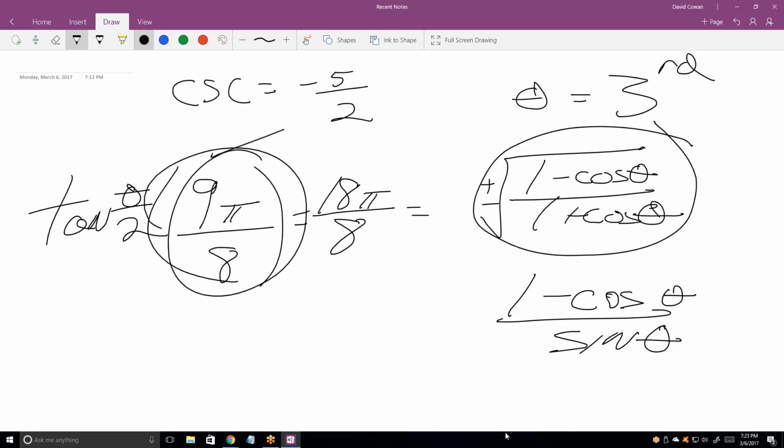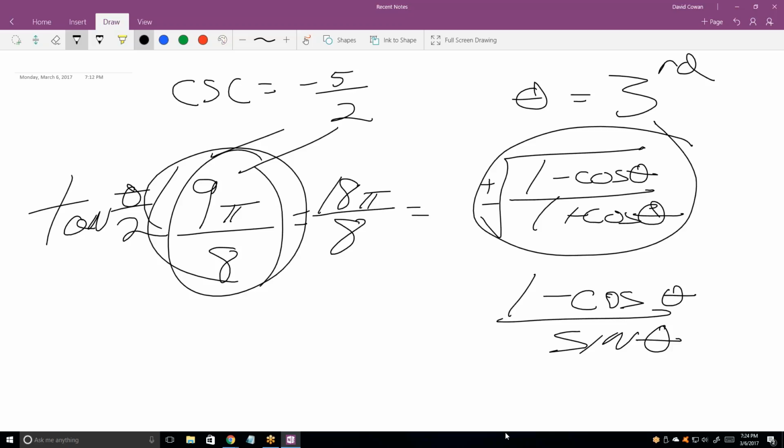In other words, I can probably split 9 pi over 8 up into a number of sums and differences, and that's a bit tricky sometimes. You have to practice that a little bit to figure out how to split 9 pi over 8 up into 2 angles that you know.